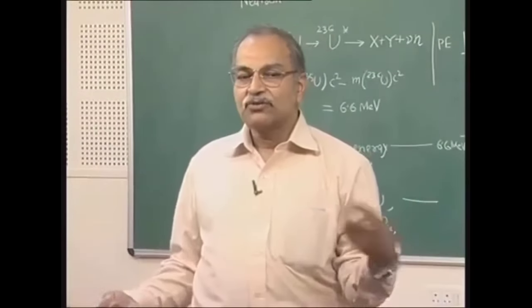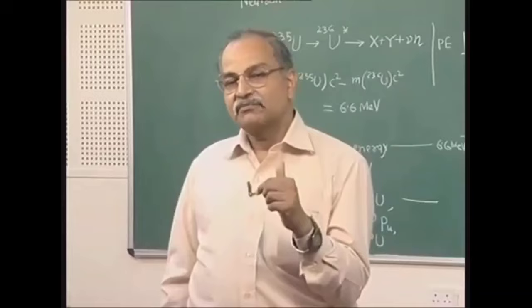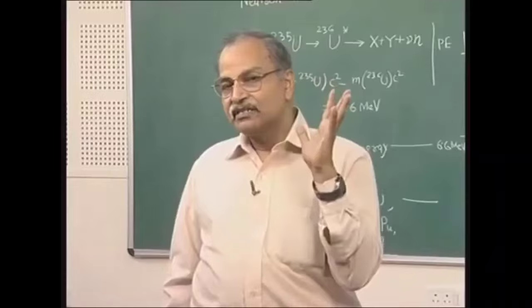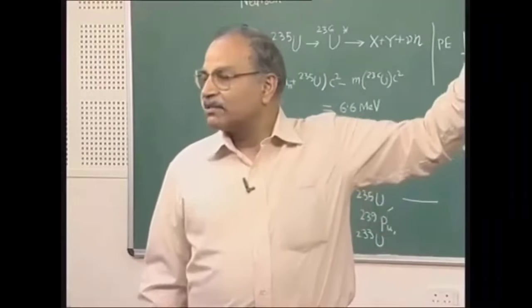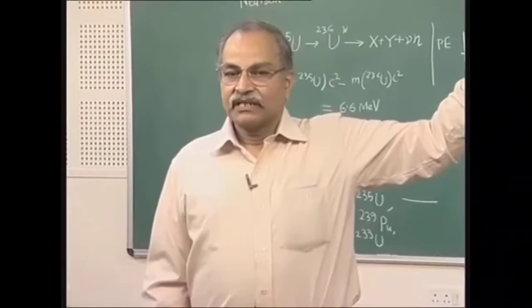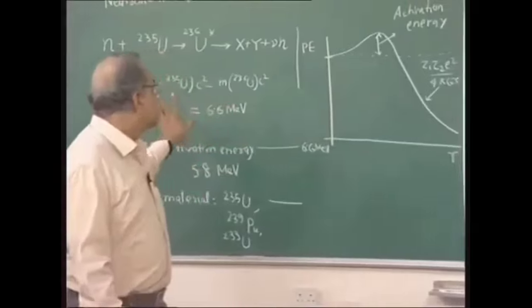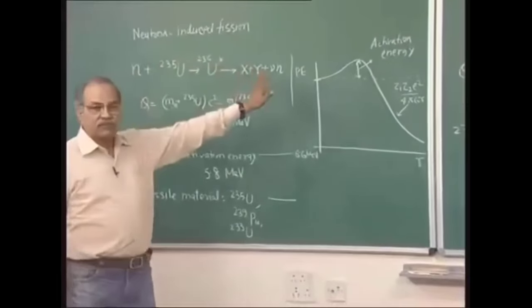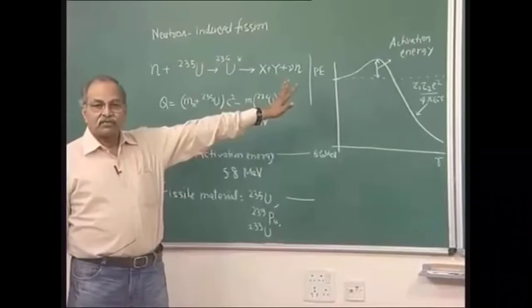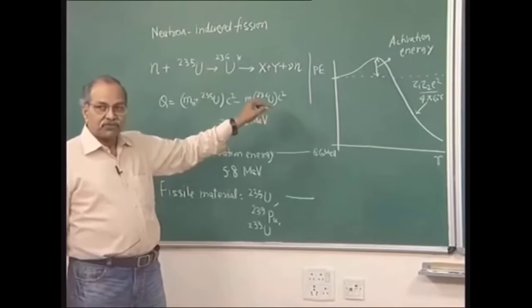So, with low energy neutrons it will not fission, but with somewhat higher energy neutrons, something like more than 1 MeV, 1.4 MeV neutrons, so that it can reach that activation energy level, this fission can take place. So, that is the difference between uranium 235 fission and uranium 238 fission on absorption of neutrons.